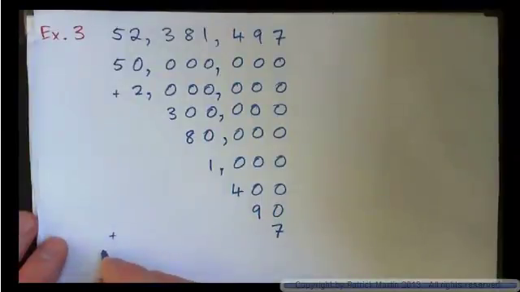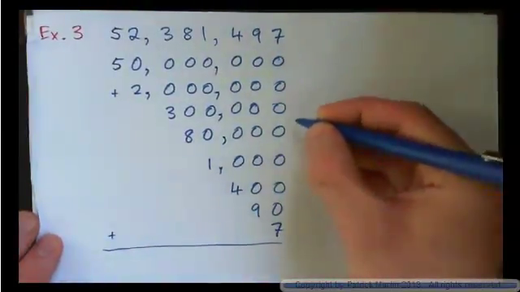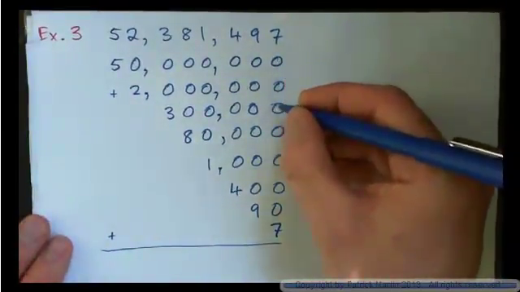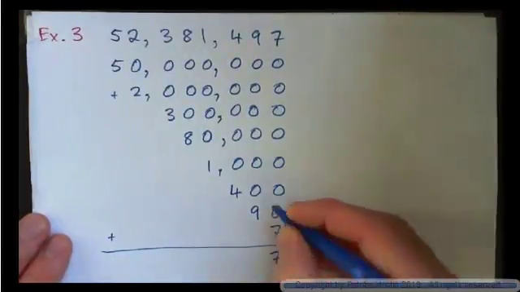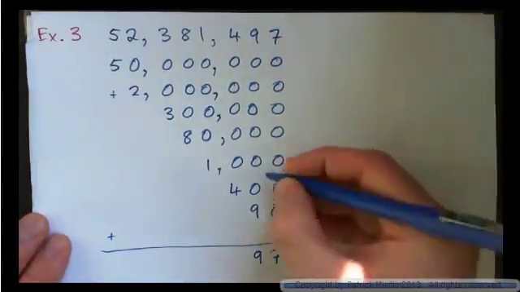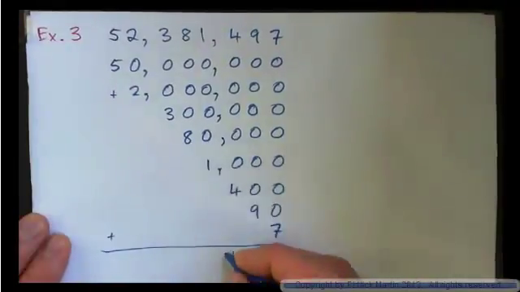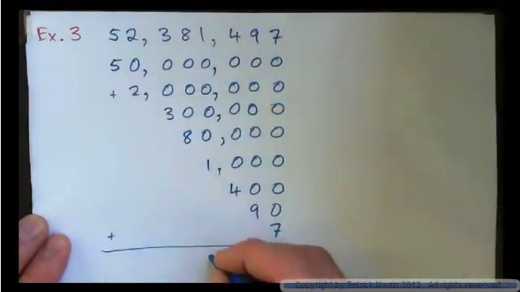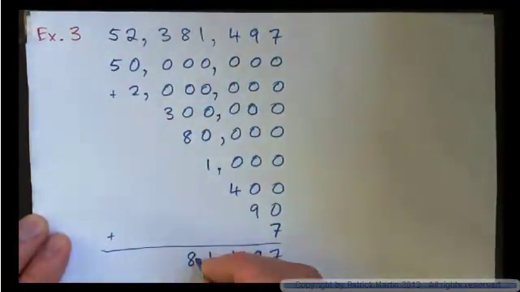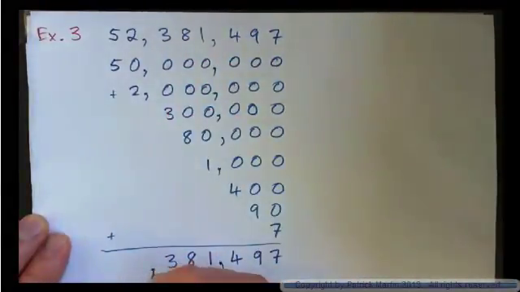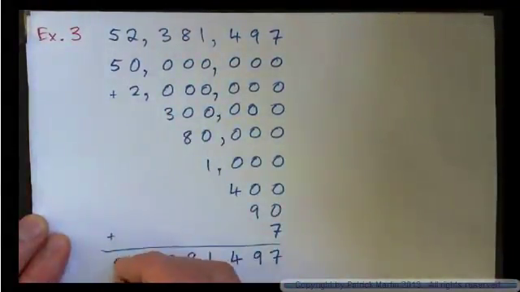And if we add all that up, it should give the number at the top. So we have 7 units, 9 tens, 4 hundreds, comma, then 1,000, 8 10,000s, 300,000s, 2 millions, and 5 10 millions.